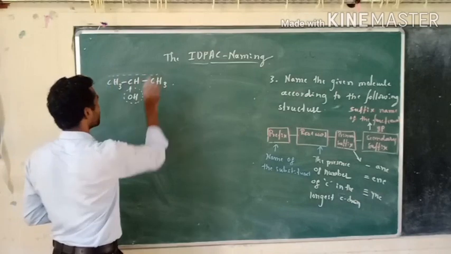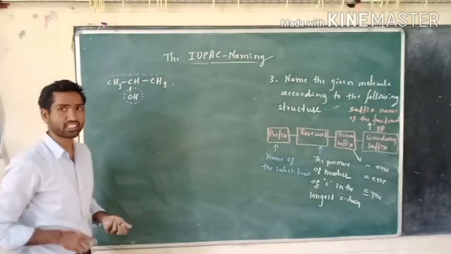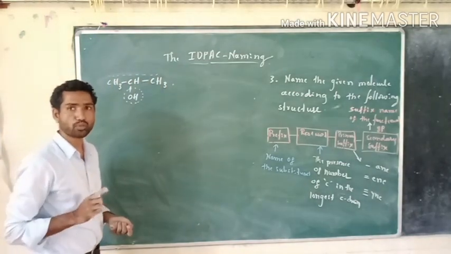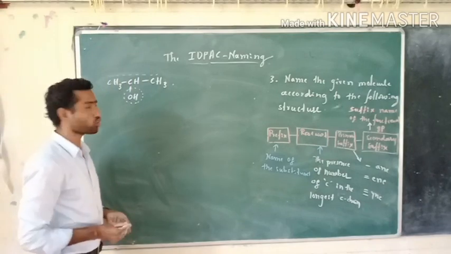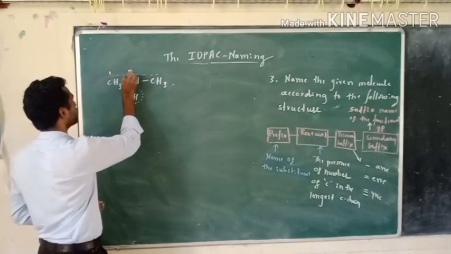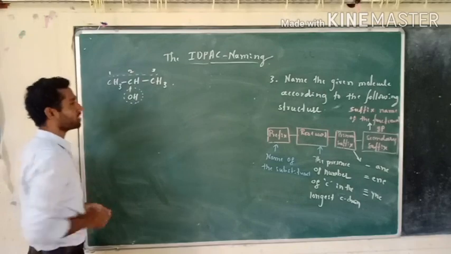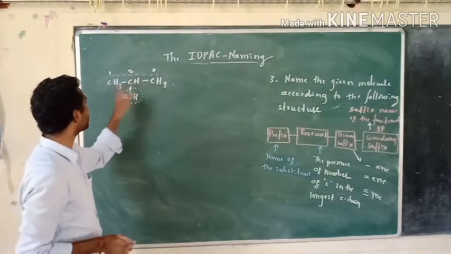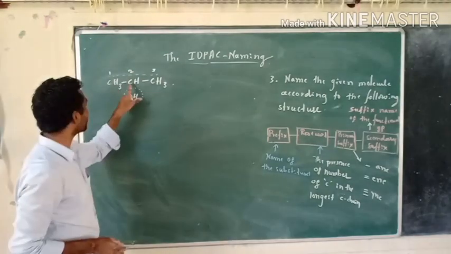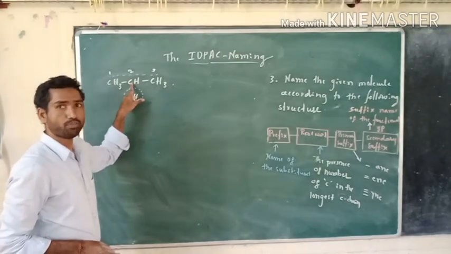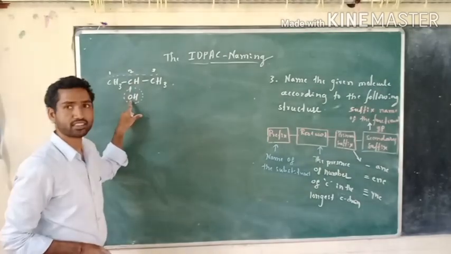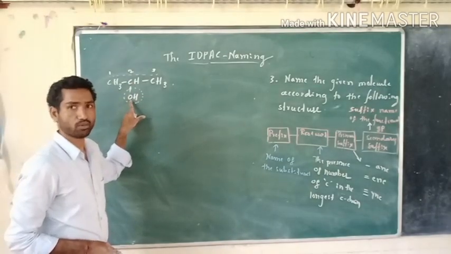This is the longest carbon chain. Number the longest carbon chain in such a way that the least number is given to the carbon bearing the substituent or functional group. So 1, 2, 3, or you can number from either side. In both cases, the carbon bearing the functional group will get the least number, 2.